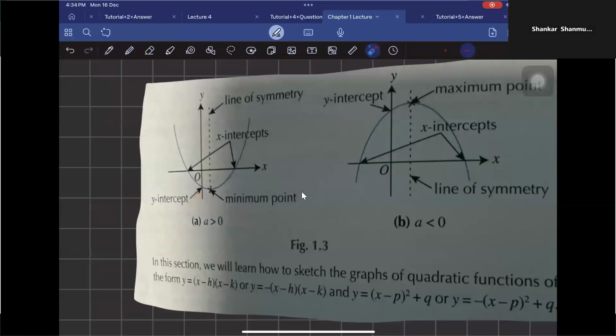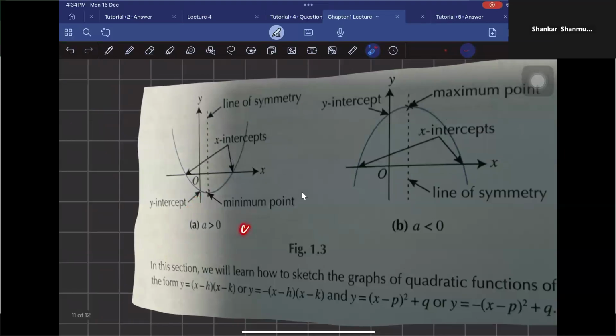0. And then you also have your minimum point for a quadratic graph, which happens to be where the line of symmetry lies as well. So it crosses the minimum point. Okay? Crosses the minimum point. Okay.